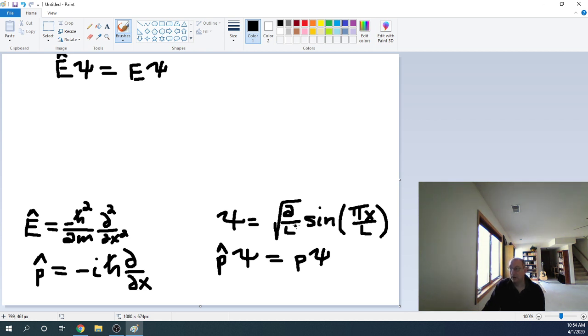So overall, the operation gives me h bar squared over 2m. The minus sign from the operator will exist, but also when I took the derivative of the cosine to get negative sine, there's another minus sign, so I get a plus.